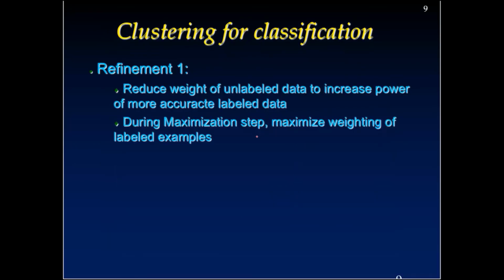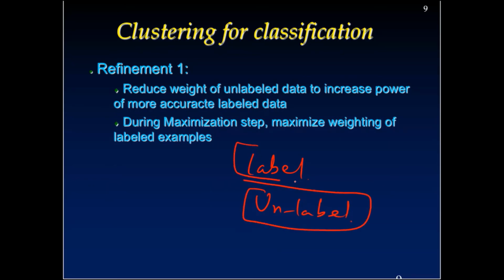Now one catch or issue with this approach is that you are giving the same importance to your labeled data as to your unlabeled data. That's not a good thing, because labeled data is any day better than unlabeled data. So when retraining your model, you should not give equal weight to the unlabeled data.